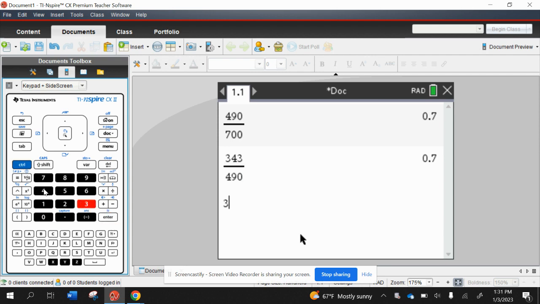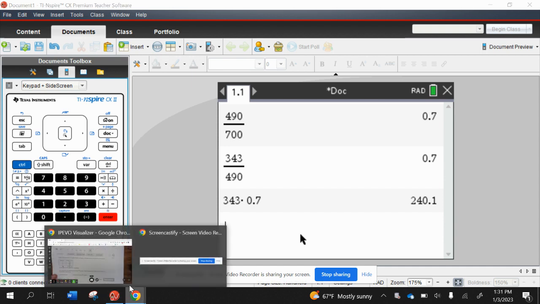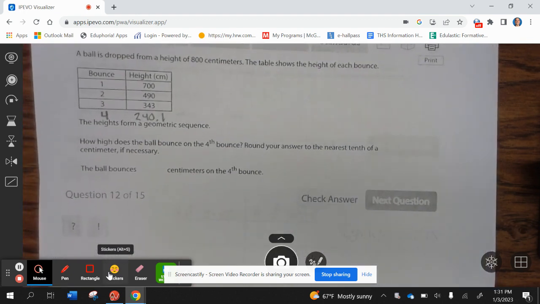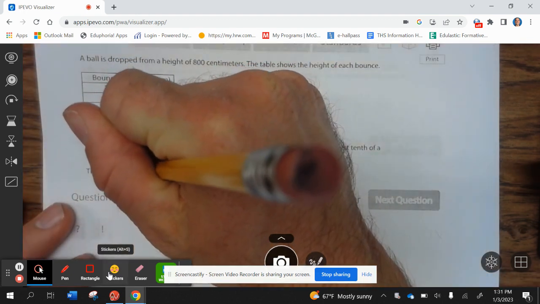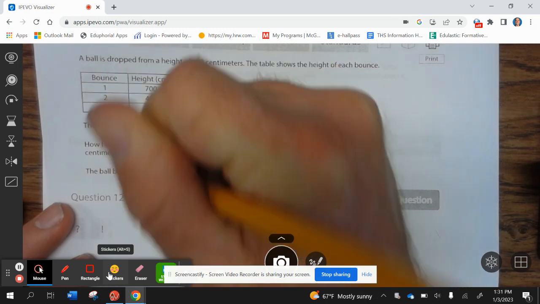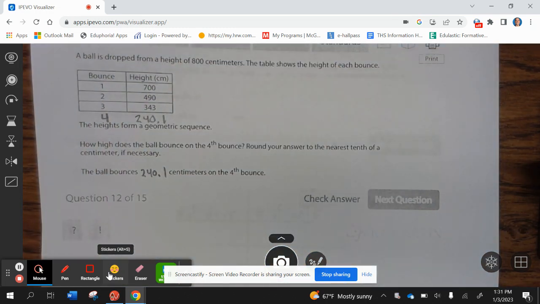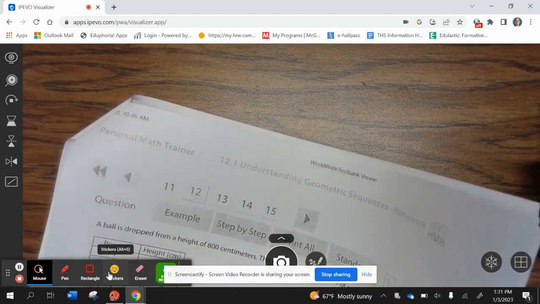So all we need to do is multiply 343 times 0.7, and that's 240.1. So the ball bounced 240.1 centimeters on the fourth bounce. All right, let's take a look at the last example.